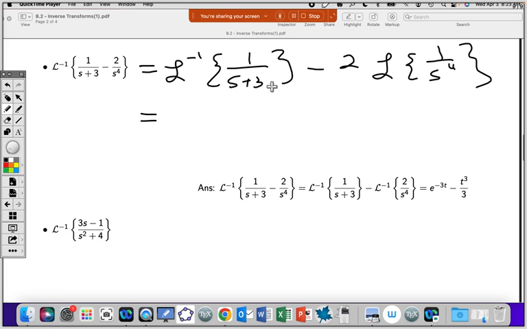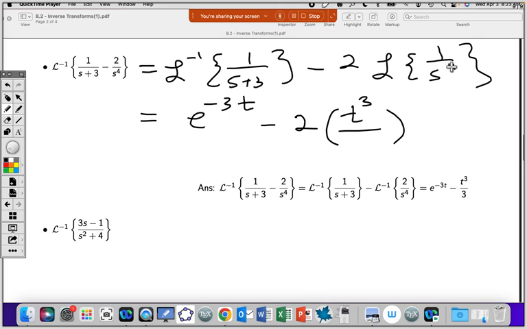If we've got a linear factor, 1 over s plus 3, that's coming from an exponential, 1 over s minus a. So this is s minus a negative 3. So that's going to come back to an e to the minus 3t, minus 2 times the s to the 4th. And s to the 4th is going to come from a t cubed.